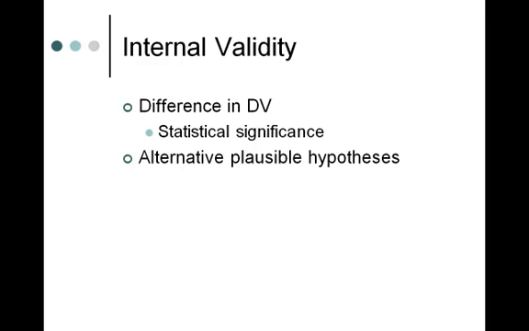So why else might the groups be different? If we've already used statistics to account for individual variability, what other reasons might these groups be different other than the thing that we tried to do to make them different? We treated one group, we didn't treat the other. So we hope they're different, and we want that difference to be due to our treatment and not due to anything else.